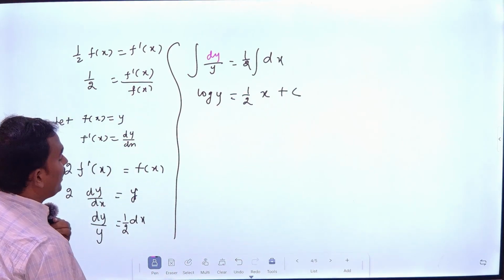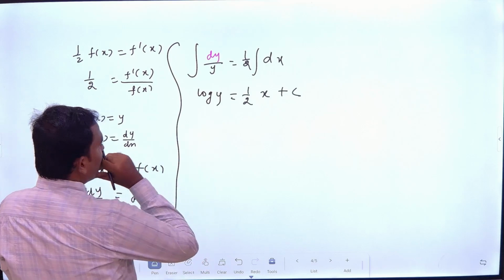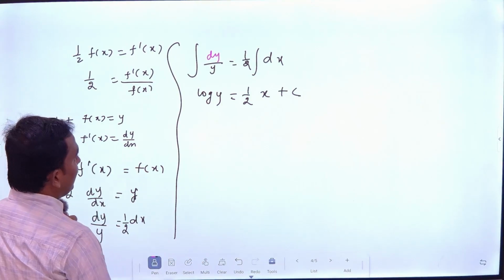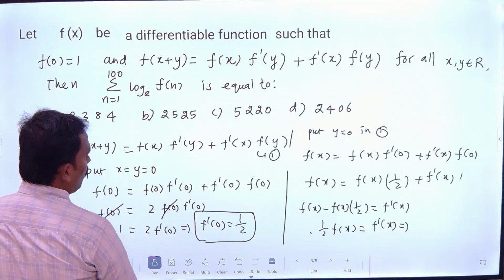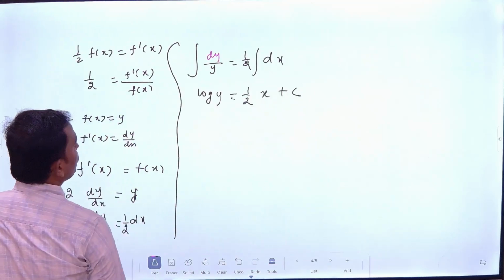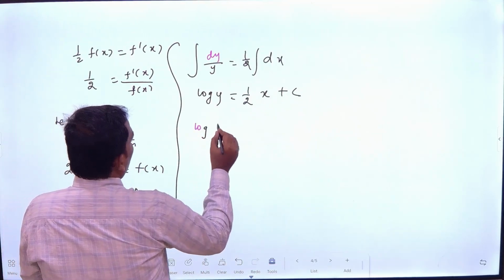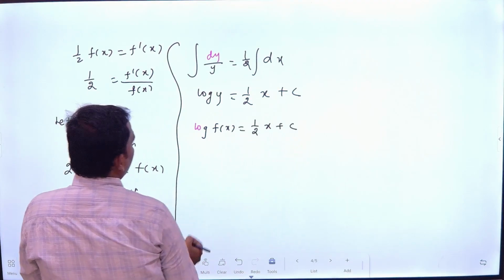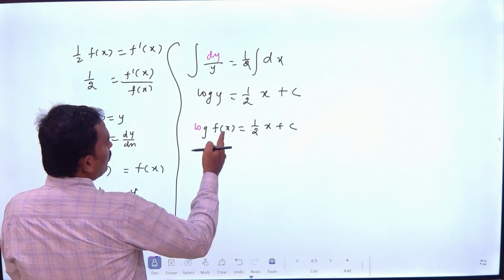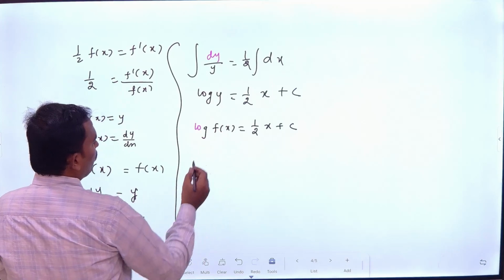So you already know the reason actually. Now how to find out c here? The initial condition given to us is what? F of 0 is 1. This is actually log f of x is equal to half times x plus c. F of 0 is 1. Just substitute x equal to 0.